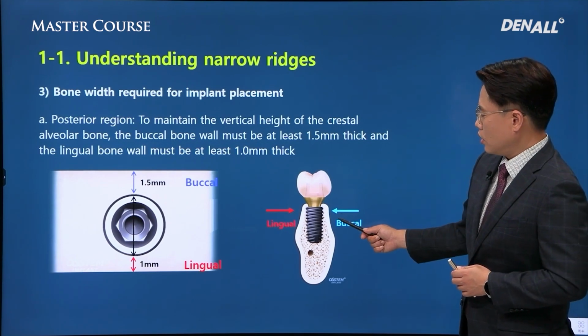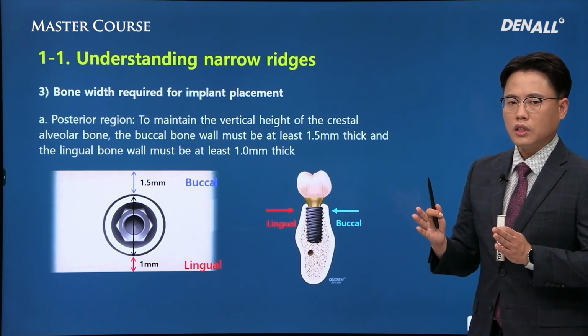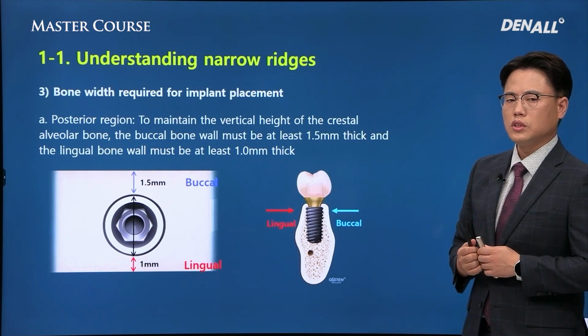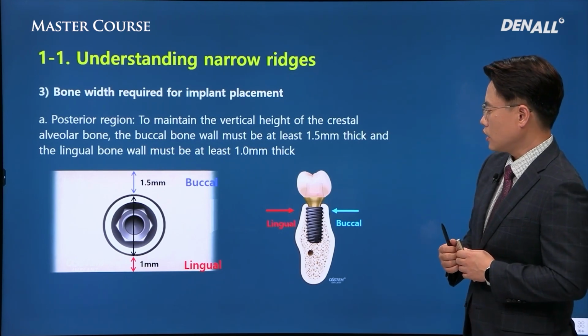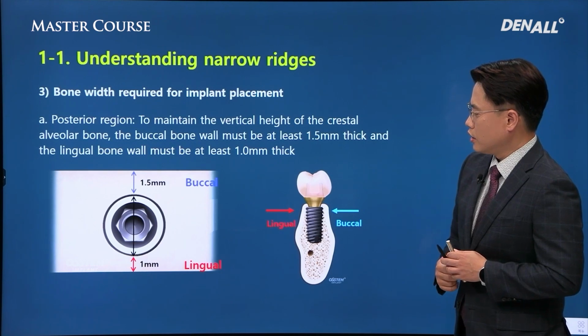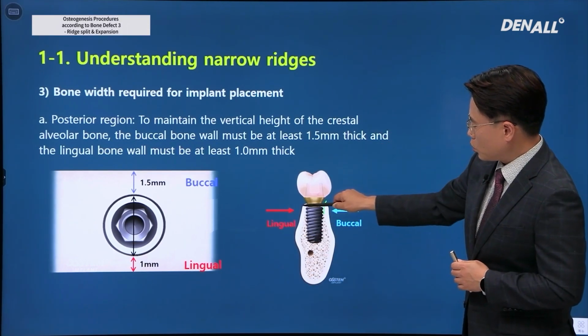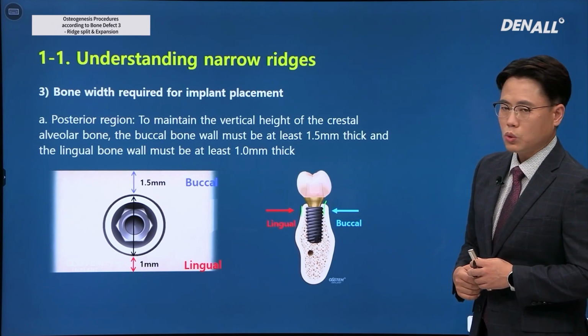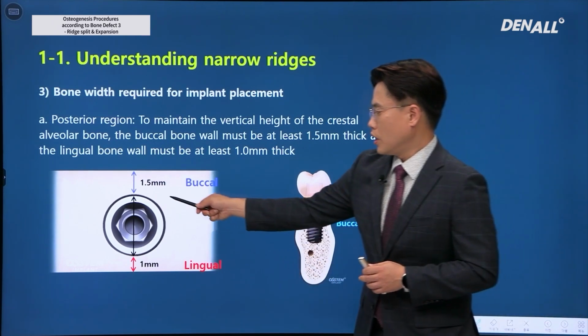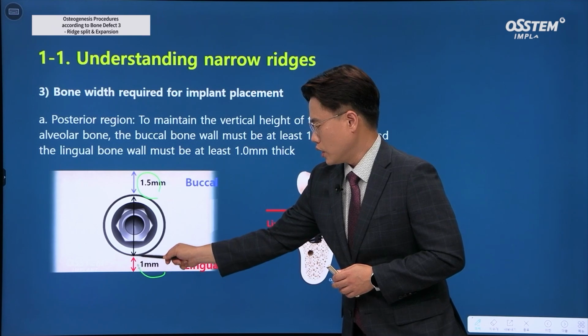Let's look at how much width is required to perform surgery safely. In the posterior area, in order to prevent vertical bone loss, there needs to be at least 1.5 millimeter of bone buccally and 1 millimeter of bone lingually.